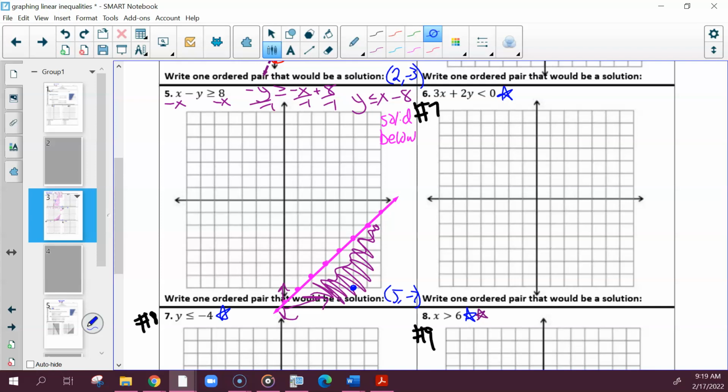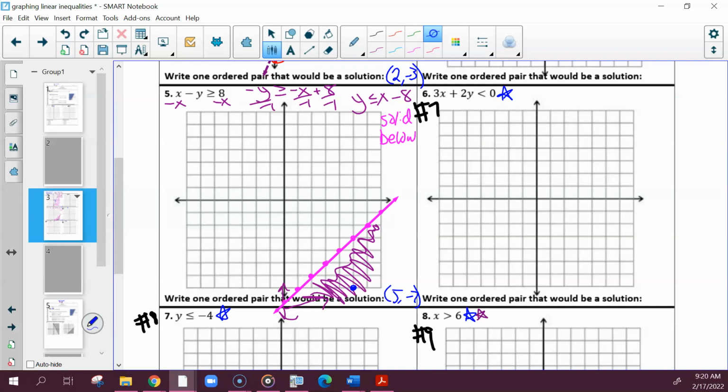In reality, this graph would go off the page towards infinity forever and ever because the domain and range would keep going. So we could pick anything in the shaded area that would work. I could say 100, -7. Somewhere way off the graph, that would still work.